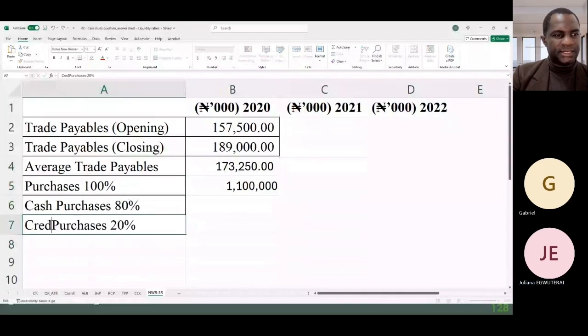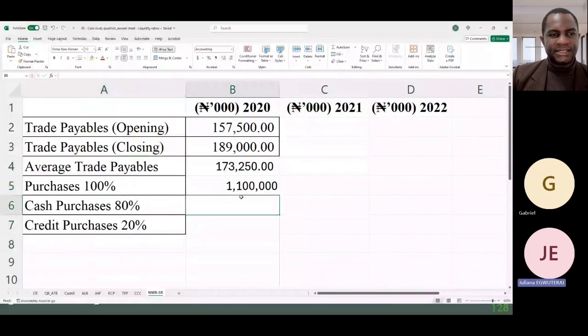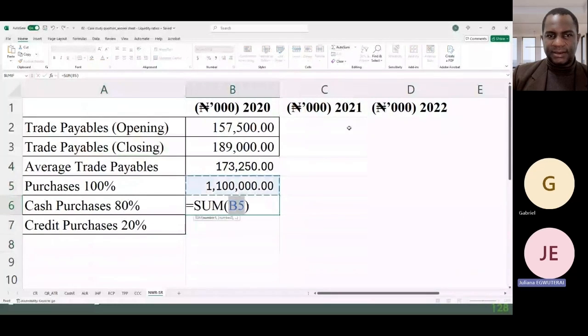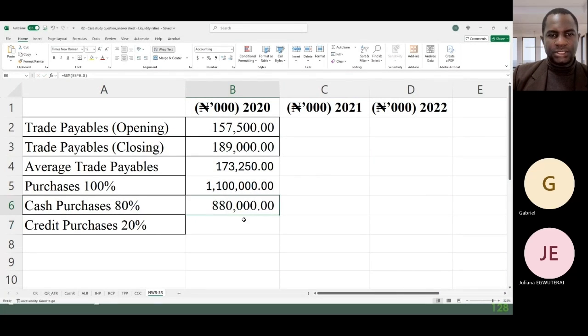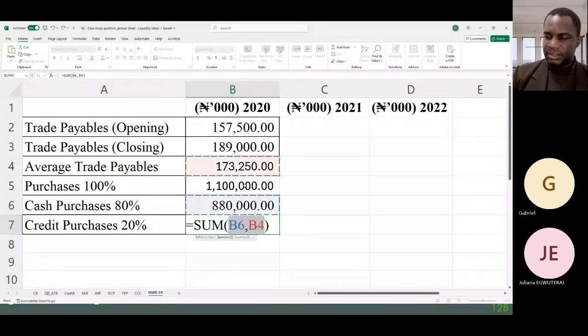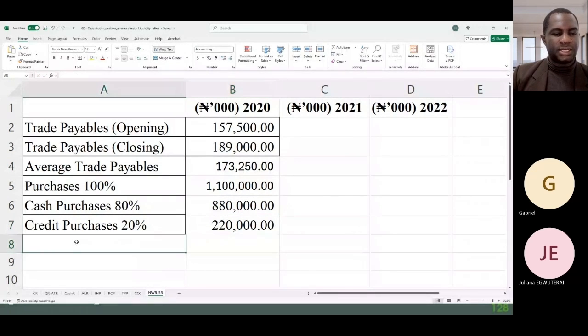I'm just putting it there so that we can have the solution very clearly. So credit, that's 220. Fantastic. So 220 times 0.80 we have 880, and we have this times 0.20, that's the 220 you're saying, exactly.